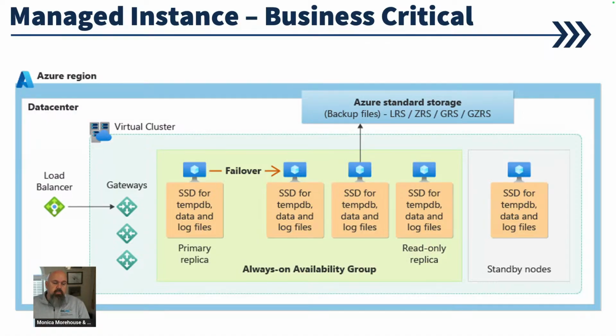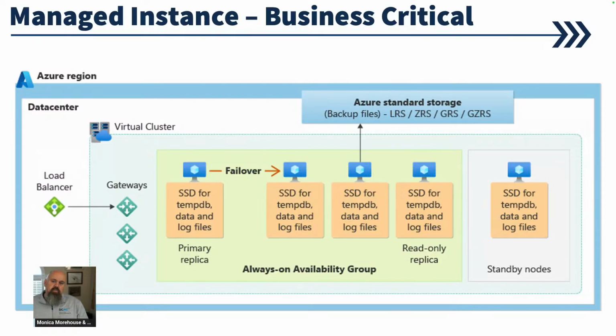So very similar to Azure SQL Database Business Critical, we get our data files and log files super closely attached to our compute power. And so our latency is very, very minimal. But if you want to pay for it, Business Critical will be more expensive than general purpose. But the IO and the performance and the IOPS are going to be significantly better in Business Critical than it will be in general purpose.